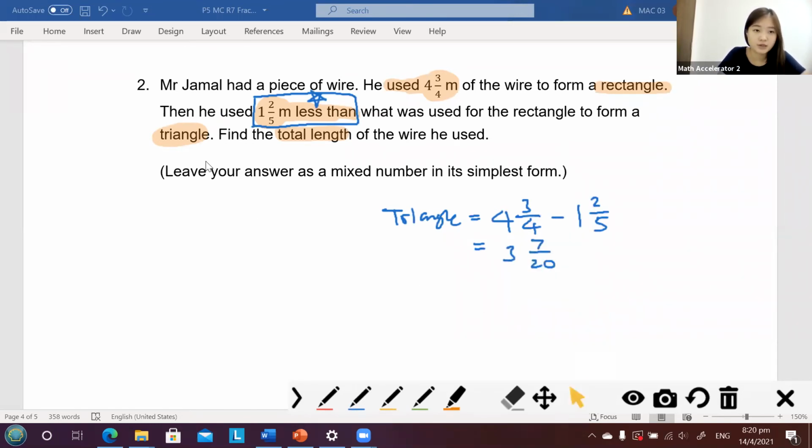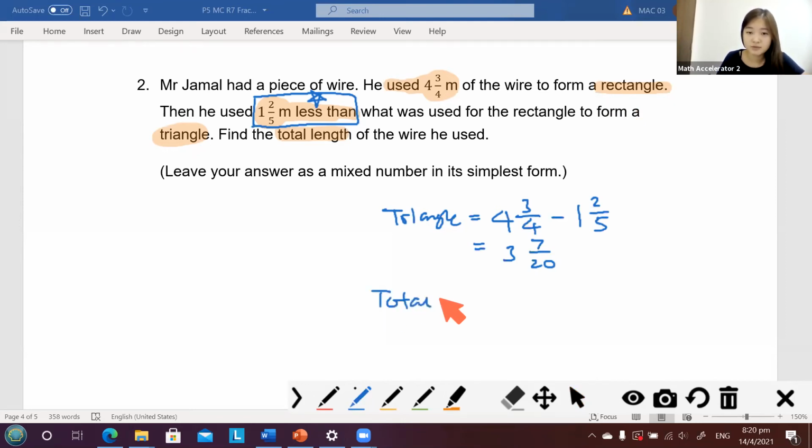You can use your calculator. So that's option 2, and a lot of you stopped there, 3 7/20. But you're not answering the question. Look at the question. They ask you to find the total length of the wire he used, not just the triangle. They want the total length, so you have to add the triangle to the rectangle.